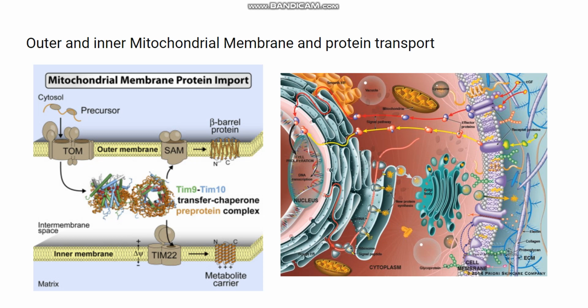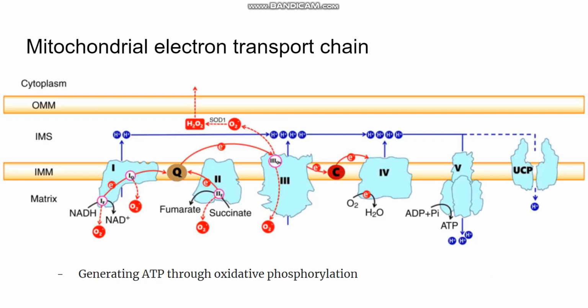to the matrix eventually. Now let's talk about the mitochondrial electron transport chain, which is actually what makes it the powerhouse of the cell. So the electron transport chain is primarily found in the inner membrane of the mitochondria.